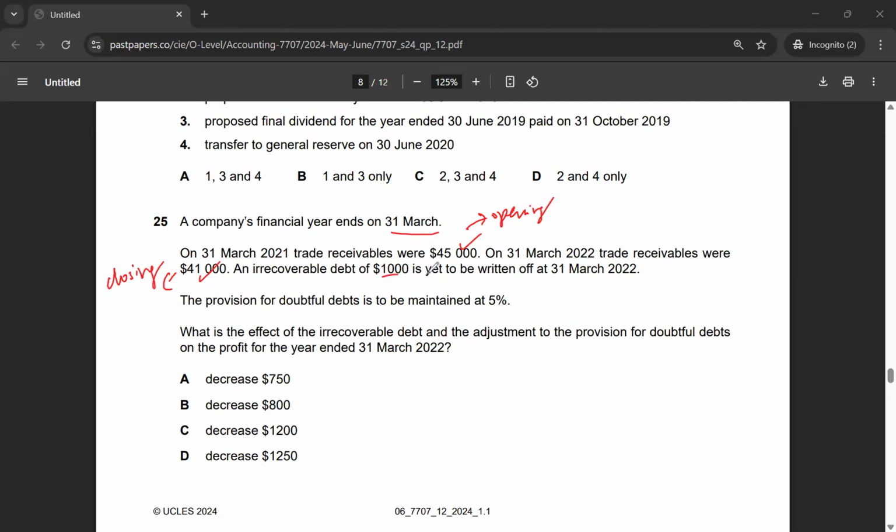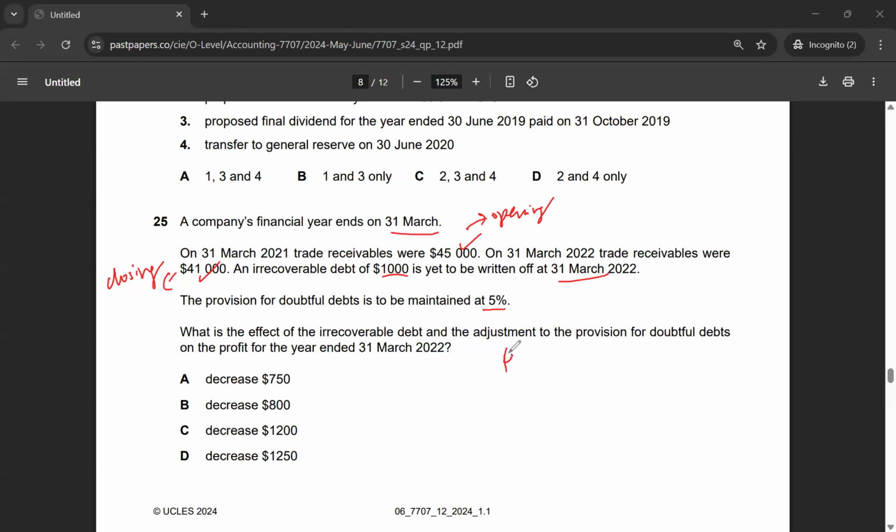An irrecoverable debt of $1,000 is yet to be written off at 31st March 2022. The provision for doubtful debt is to be maintained at 5%, which means that for the opening it's 5%, and for closing it's 5% as well. What is the effect of the irrecoverable debt and adjustment to the provision for doubtful debts on the profit for the year ended 31st March 2022?